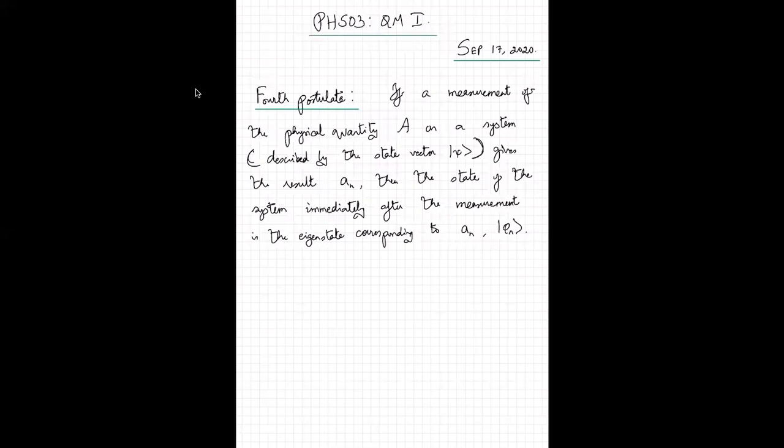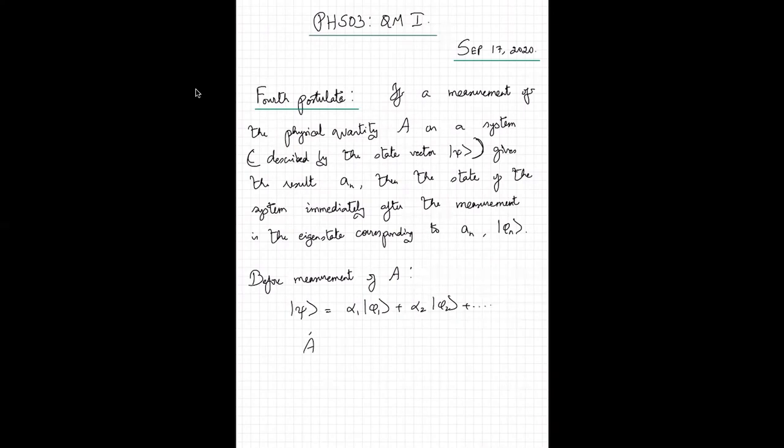So immediately after the measurement, the state vector of the system, which was written as a general combination before the measurement of A, the state vector of the system was written down as a linear superposition of all possible eigenvectors of A. So this was given by some alpha 1 times phi 1 plus alpha 2 phi 2 plus and so on, right?